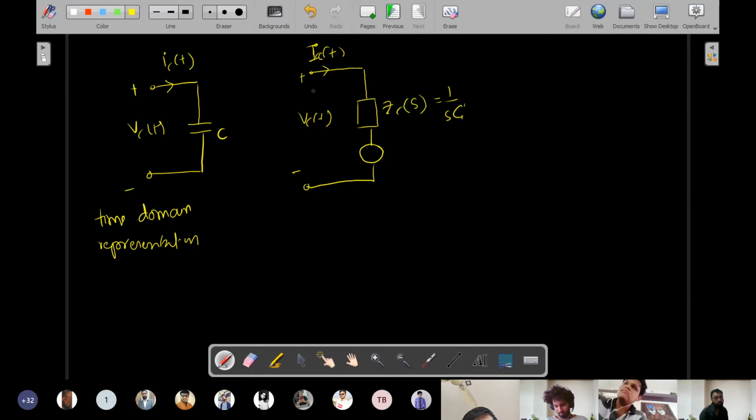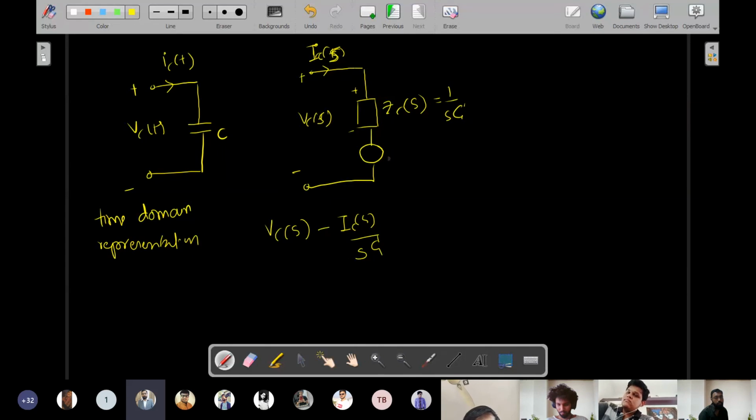So if I put like plus, this is plus, minus. I'm not writing anything right now because we need to find it. So I can write the equation like this way: Vc of s minus ZC, I'm writing directly at the place of ZC of s and Y of s, directly I'm writing I of s, this is also s here, upon sC. Now this part is remaining.